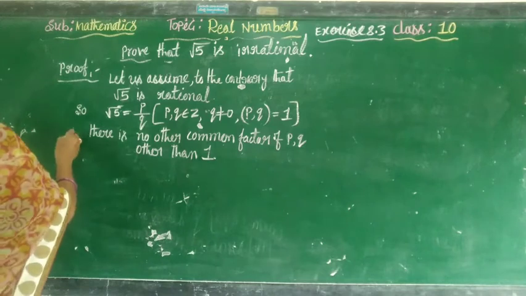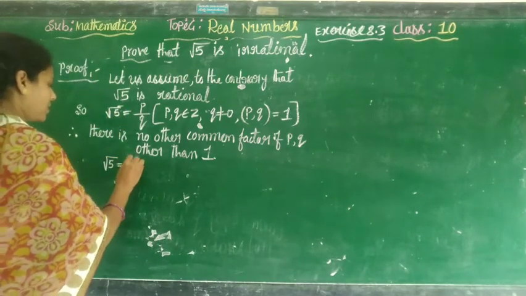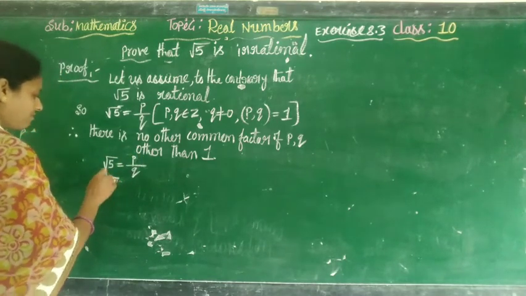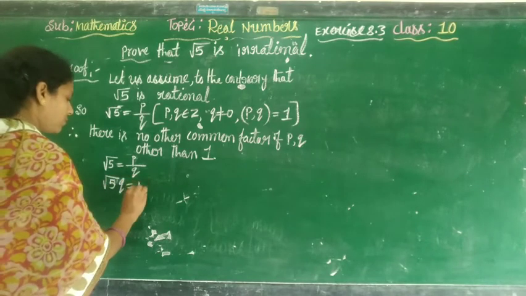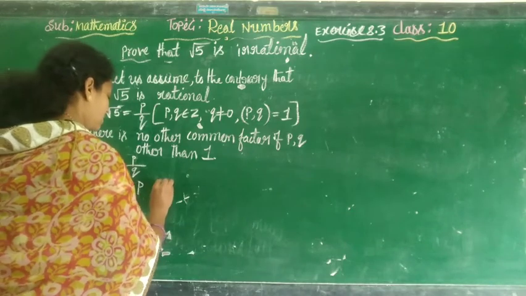Once again, root 5 is equal to p by q. So root 5 q is equal to p.